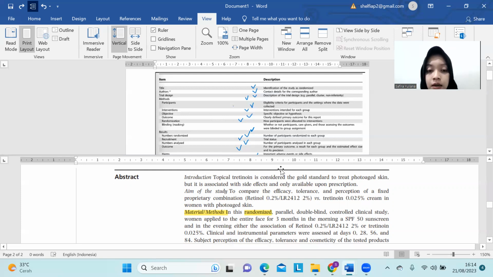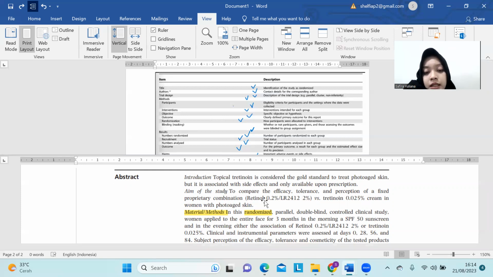And the aim of the study is to compare the efficacy, tolerance, and perception of a fixed proprietary combination of retinol and tretinoin cream in women with photoaged skin.